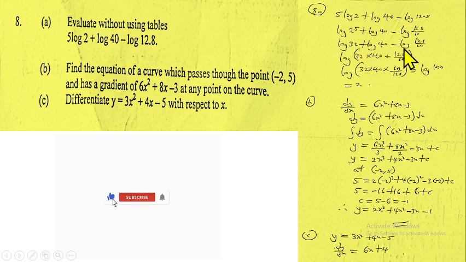So you factorize into one log, and you have log open bracket 32 times 40 divided by 128 over 10. We can change this division to times, this one going up, this one coming down. So you have log open bracket 32 times 40 times 10 over 128 close the bracket.